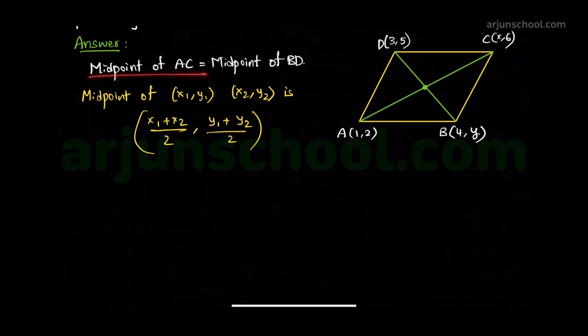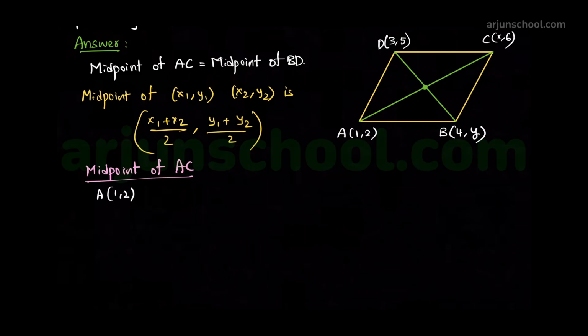Now let us find the midpoint of diagonal AC. Coordinates of A and C are (1, 2) and (x, 6). Therefore, (x1, y1) is (1, 2) and (x2, y2) is (x, 6).